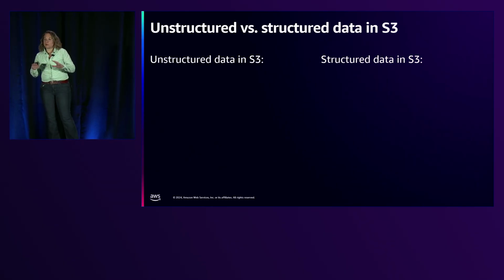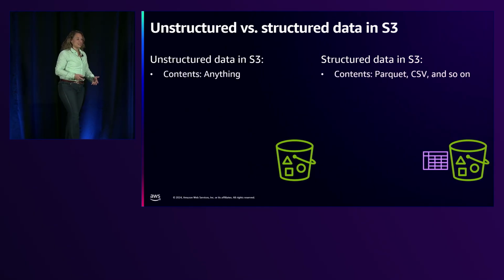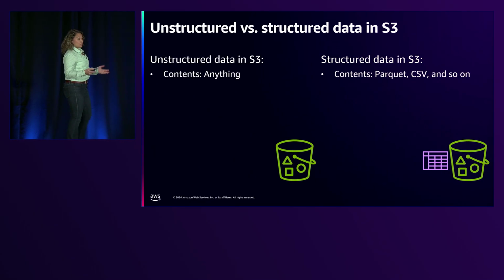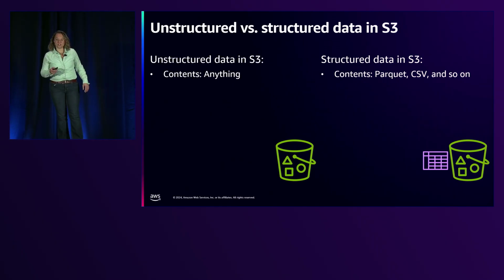These mean approximately what you think. Unstructured data is anything. Structured data is, well, data with structure. Data is typically structured in tables, in a format like Parquet or JSON or anything else like that.